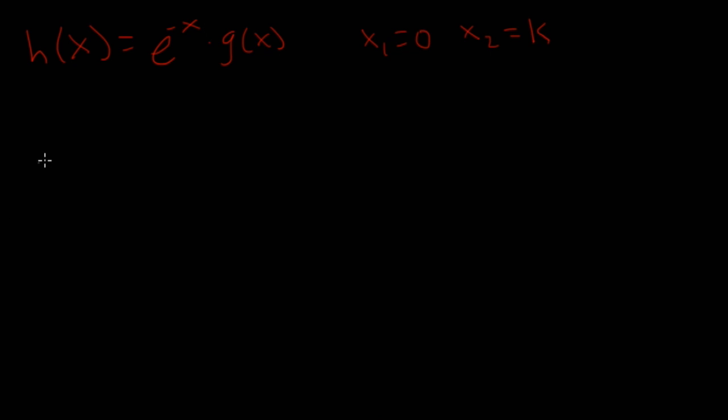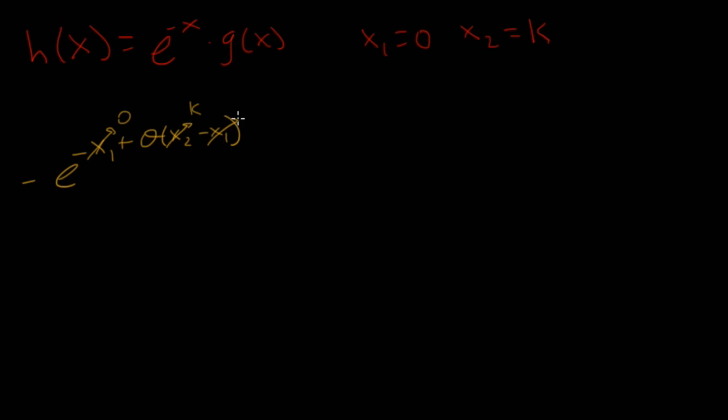So now we just found out what h prime of x was. So we have negative e to the negative c, which we defined as x1 plus theta times x2 minus x1. But this is just 0.